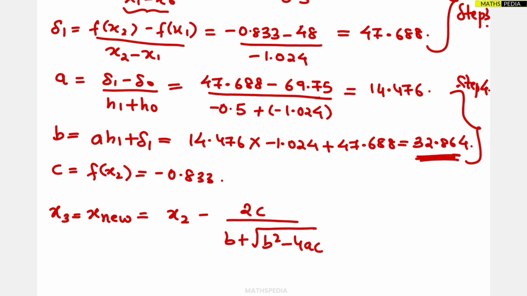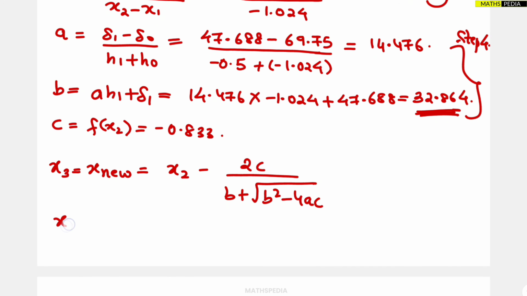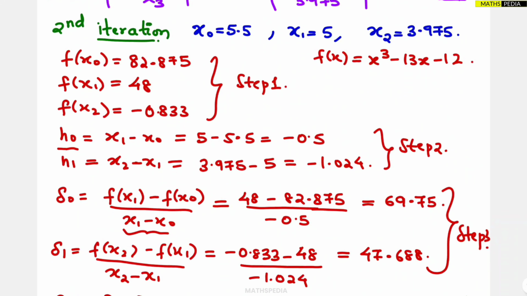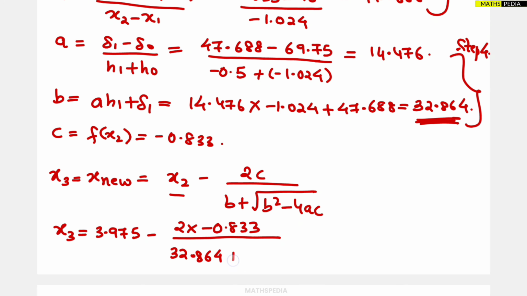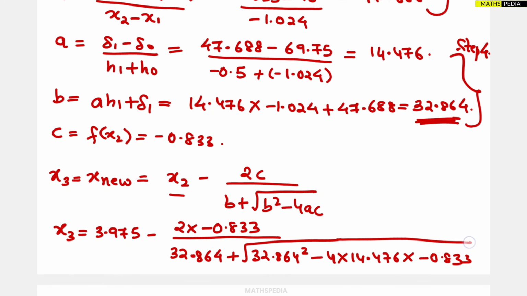So substituting all the values, x2 we have to take 3.975, minus 2c, 2 into the c value, minus 0.833, divided by the b value 32.864 plus the square root of 32.864 square minus 4 into the a value 14.476 into c, where c is minus 0.833, which is under the square root.